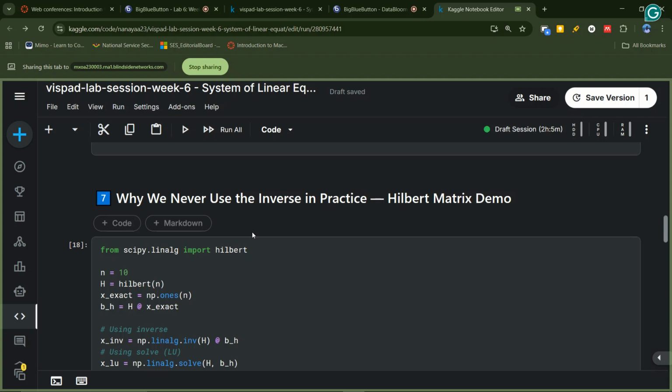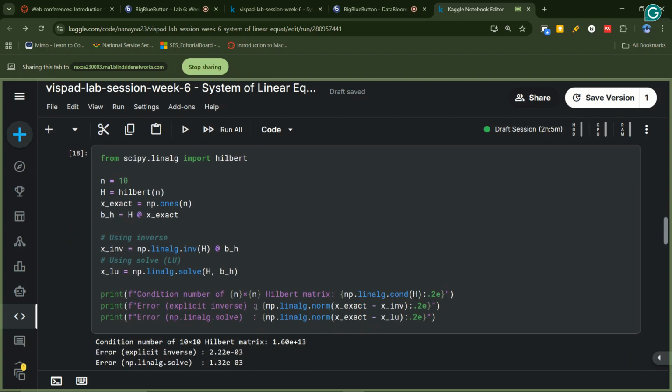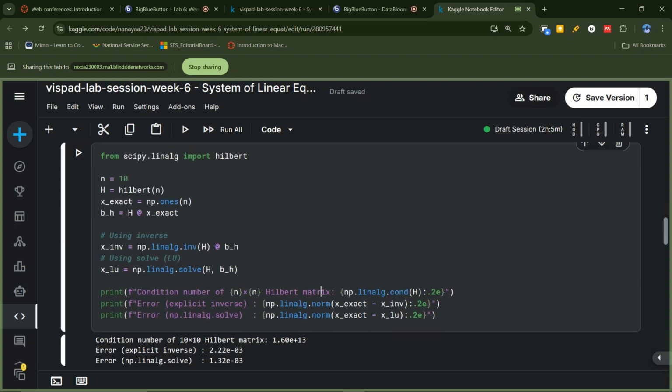They are also saying again that we should use all other options but try to avoid the matrix inverse. Great. So we have plenty of code, but I don't really expect you to understand it. I'll just explain the concept behind what this Hilbert matrix demo means.